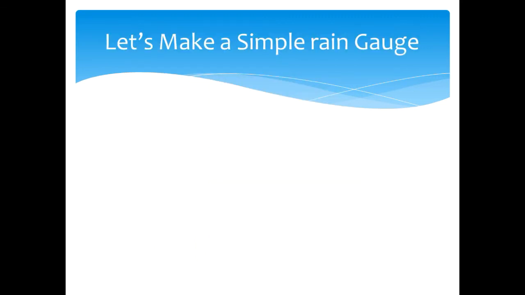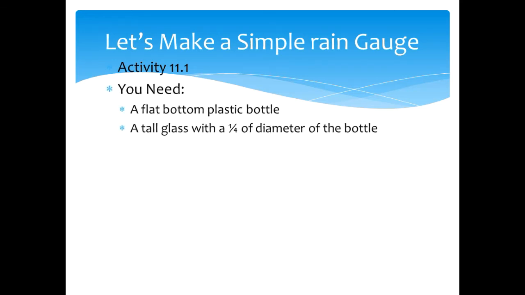Let's make a simple rain gauge. Activity 11.1. You need a flat bottom plastic bottle, a tall glass with 1/4 of the diameter of the bottle.